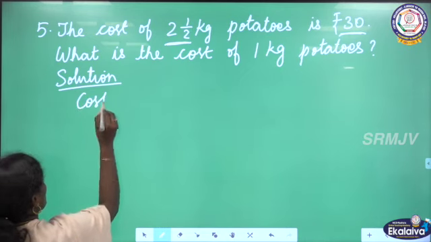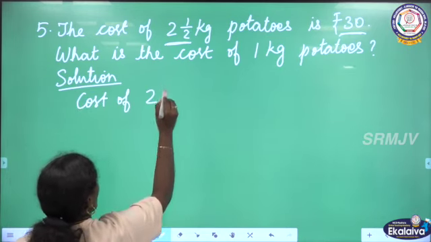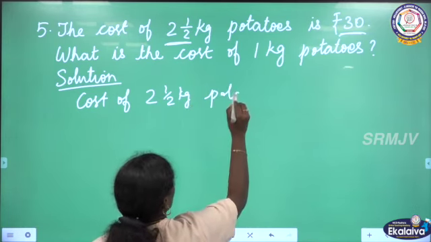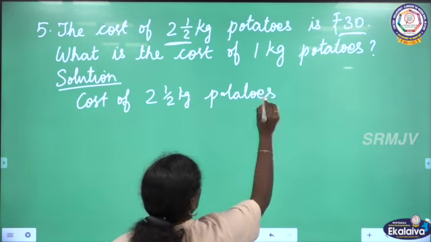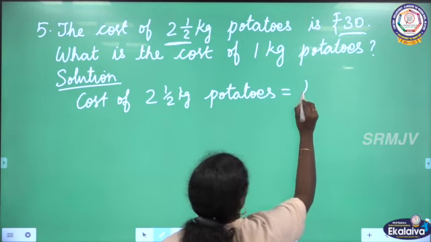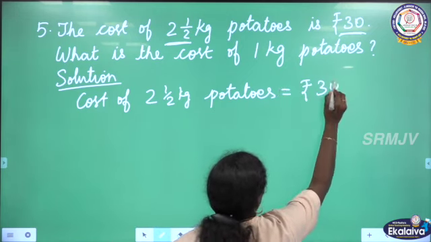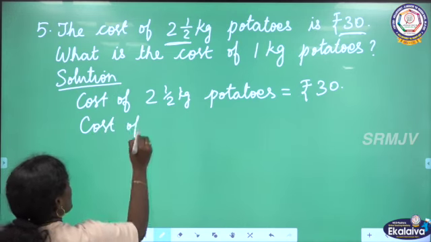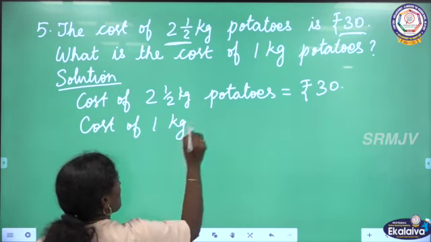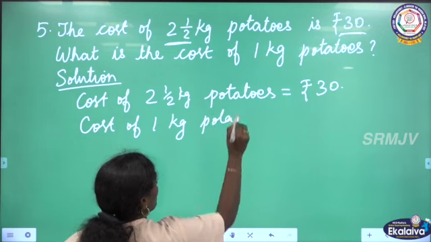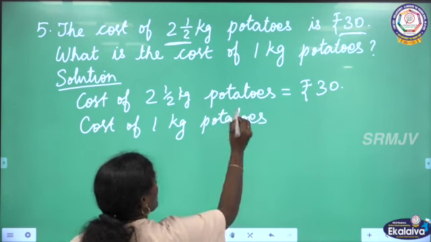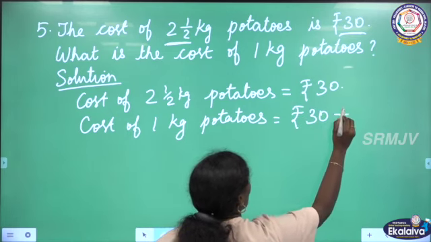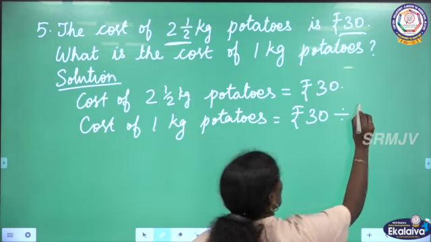Cost of 2.5 kg potatoes is equal to rupees 30. Now we are going to find the cost of 1 kg potatoes. It is equal to rupees 30 divided by 2 1 by 2.